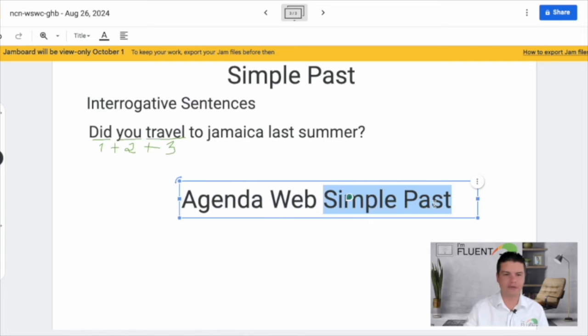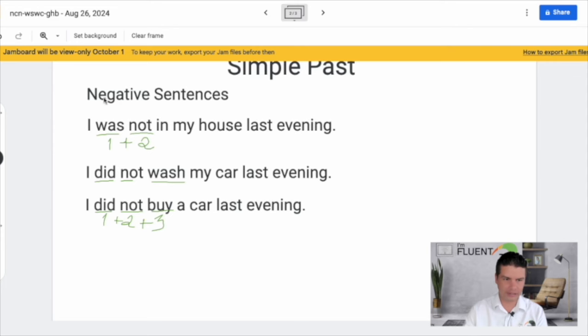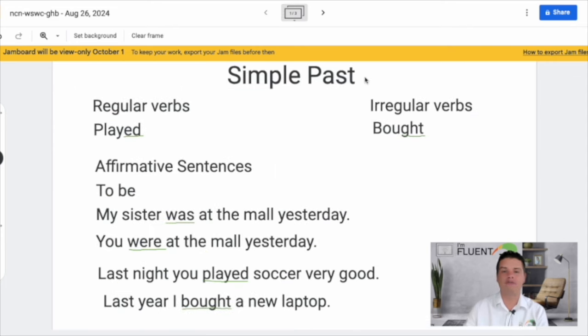And today we have checked, in the interrogative format, the simple past for the negative sentences, and we have also checked the simple past for the affirmative sentences. Remembering that we have regular verbs, the ones that end in ed, the ones that are added, unless the verb already ends in an e, we just add the letter d. And the irregular verbs, that have different endings.